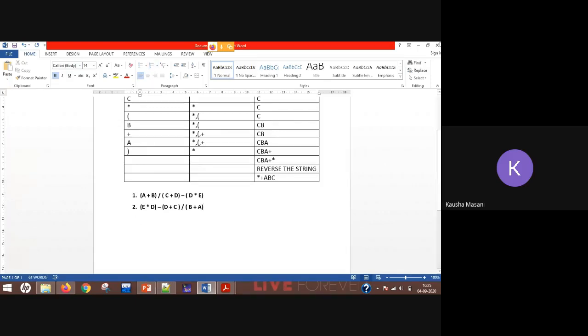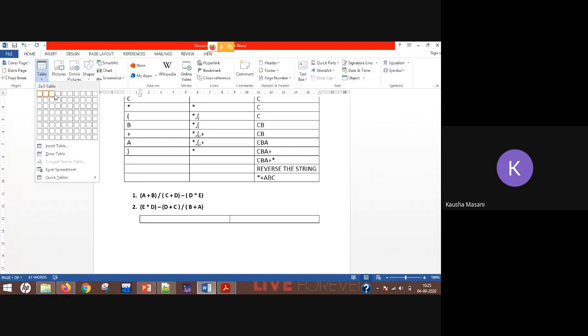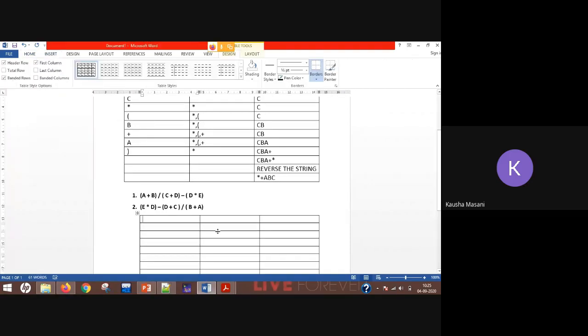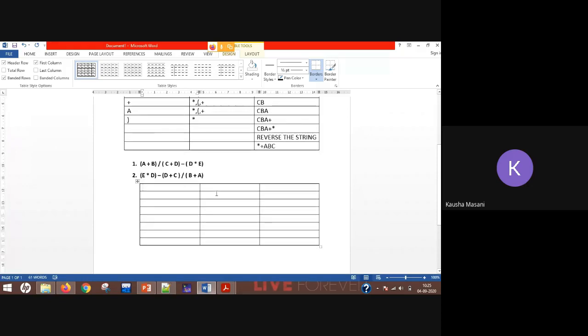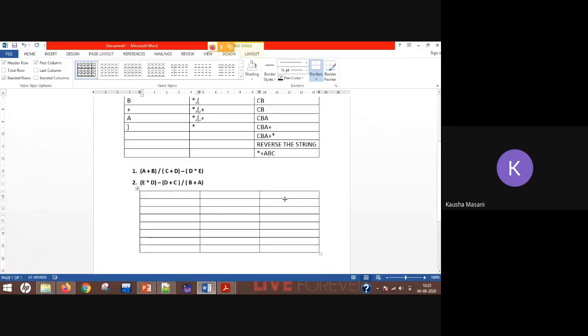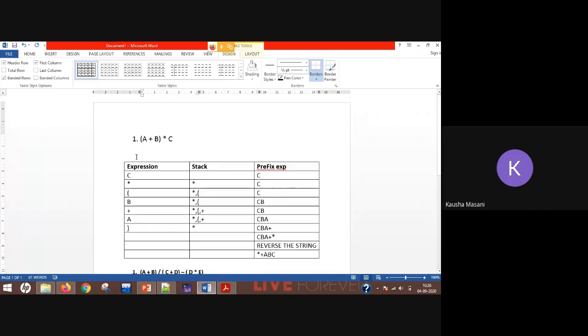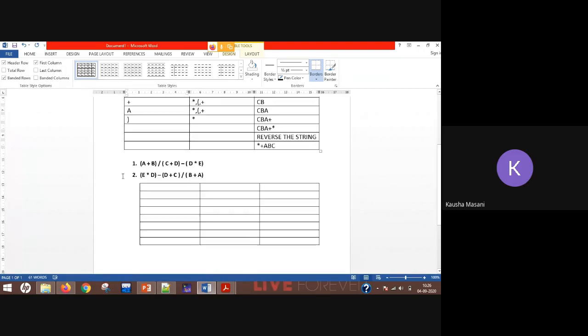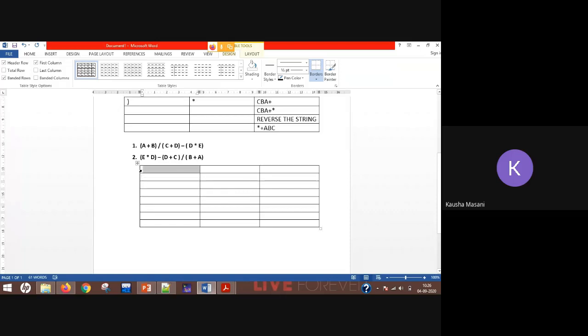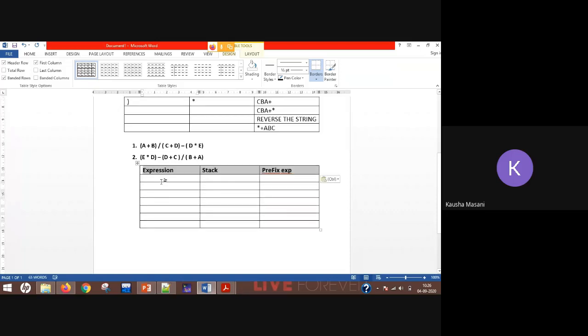Now your stack method. So you make one table. I'm not writing here expression, stack, prefix expression. Let me just write it down, not a big issue. In examination also you please do mention this.